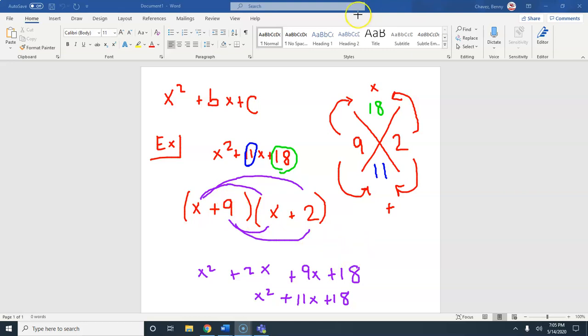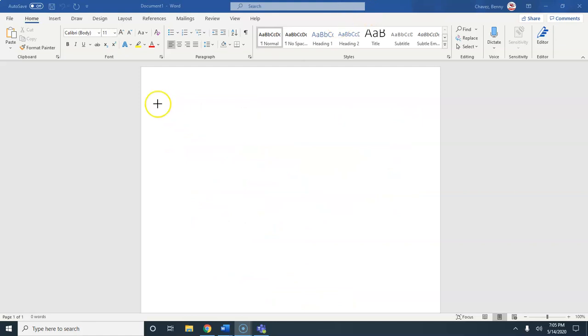I'm going to give you three to try, and then I will display the answers. Those three that I want you to try are to factor the trinomial x squared plus 3x plus 2. The second one is a squared plus 7a plus 10.